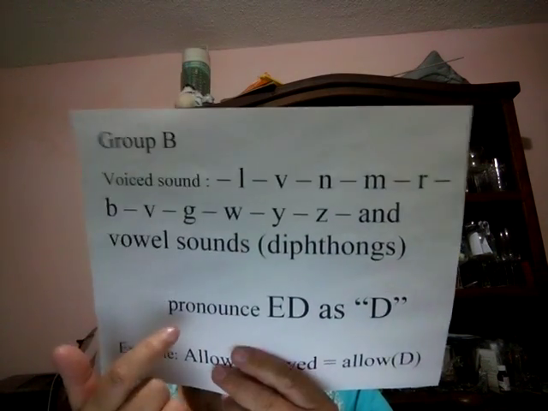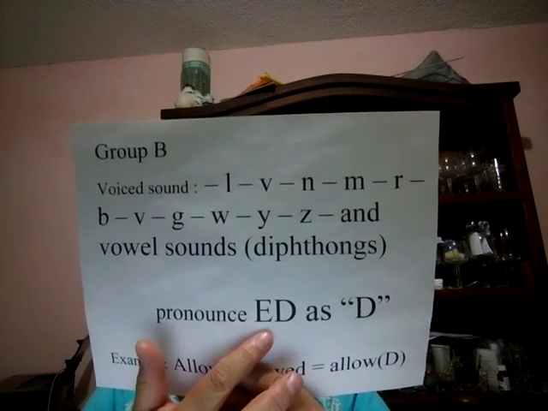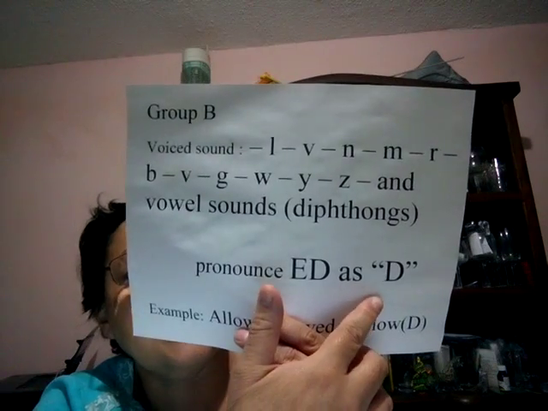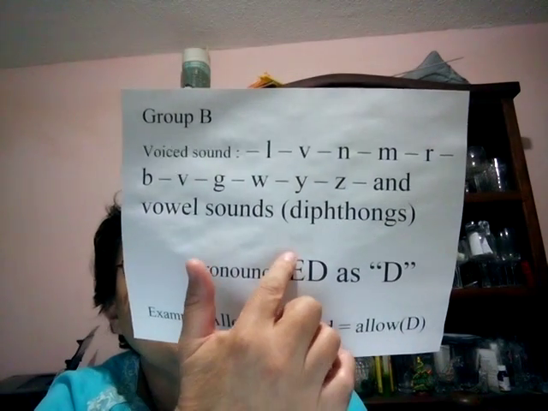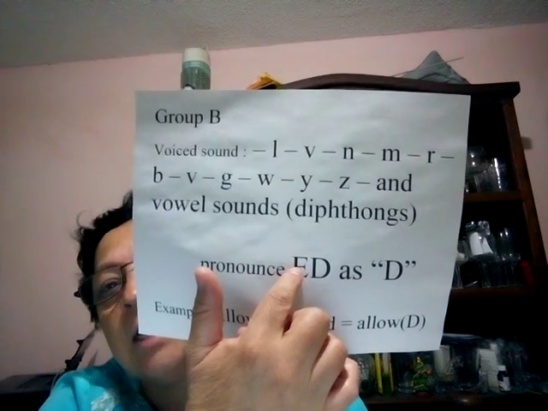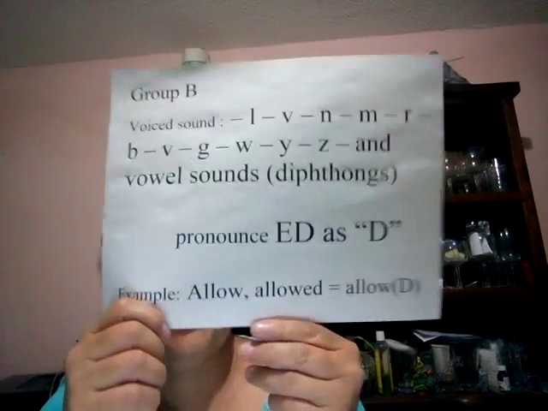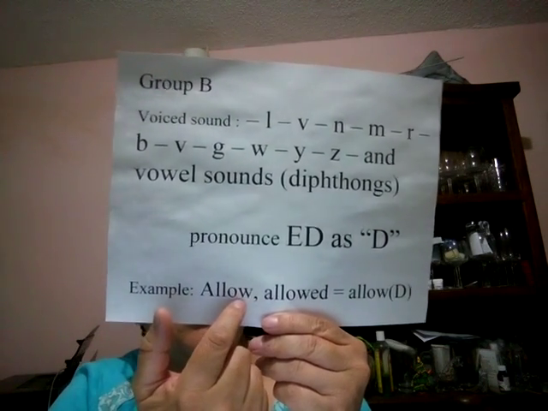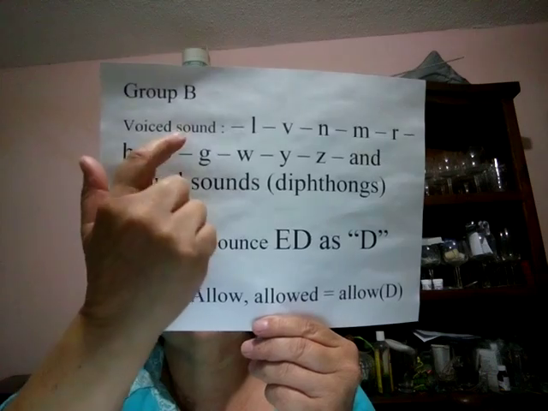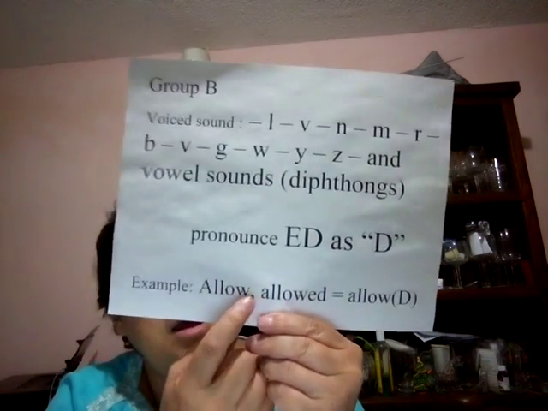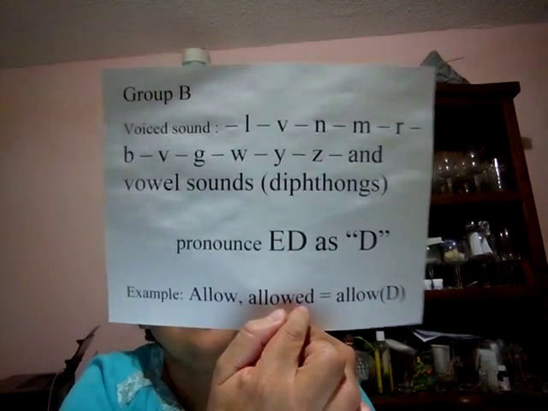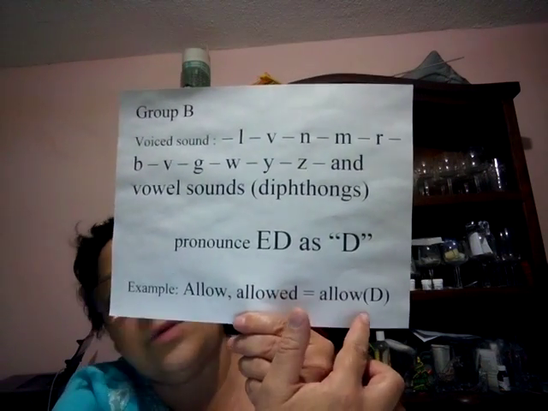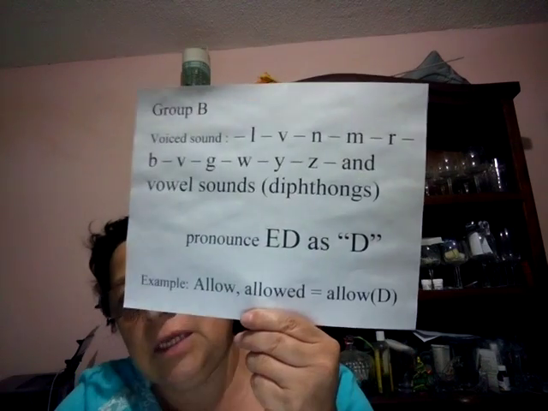In these verbs, we add ed and pronounce it like D. The letter E is silent too. For example, allow, finishes in W, a voiced sound, adding ed and pronouncing allowed with sound D.